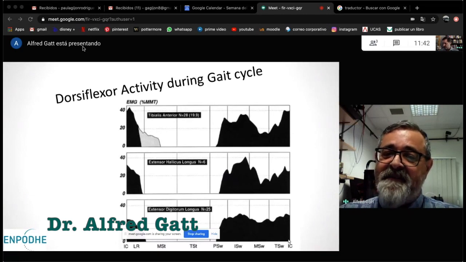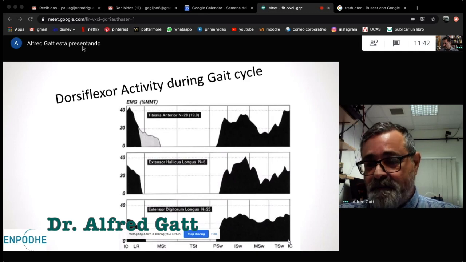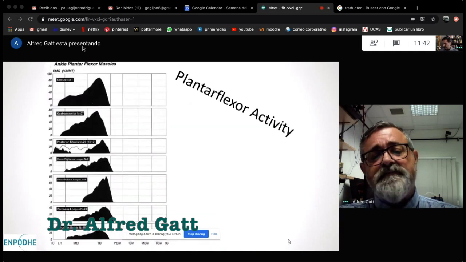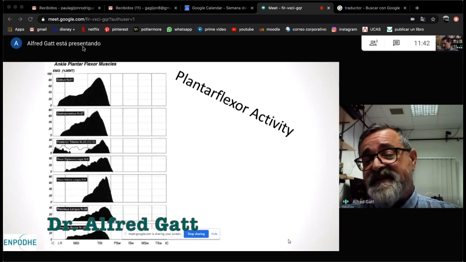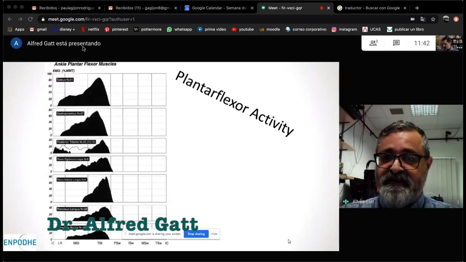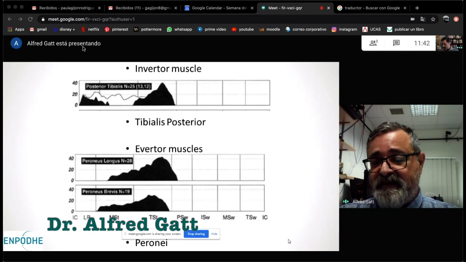We can see that they mainly fire and function during the first part of the gait cycle and throughout swing, while the plantar flexors, those muscles whose tendons pass behind the malleoli, function mainly through the stance phase of gait. Then we also have the inverter and the everter muscles.